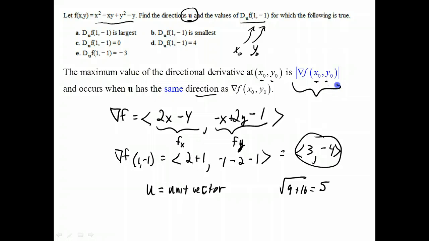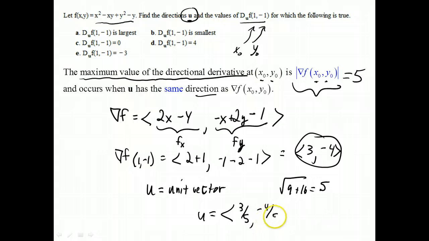That will answer this question. The maximum value, the biggest the directional derivative could ever get, is equal to 5, and then the unit vector u is 3/5, negative 4/5.